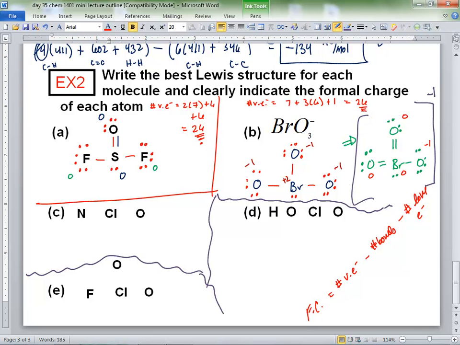So make another double bond. Make another one, and then you just end up with 1 negative. And bromine, if you calculate it, is 0. That's the lowest energy. All the formal charges have to add up to the overall charge.